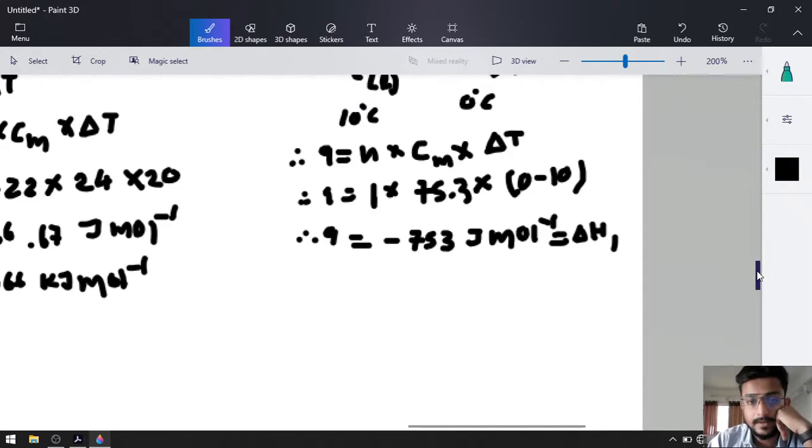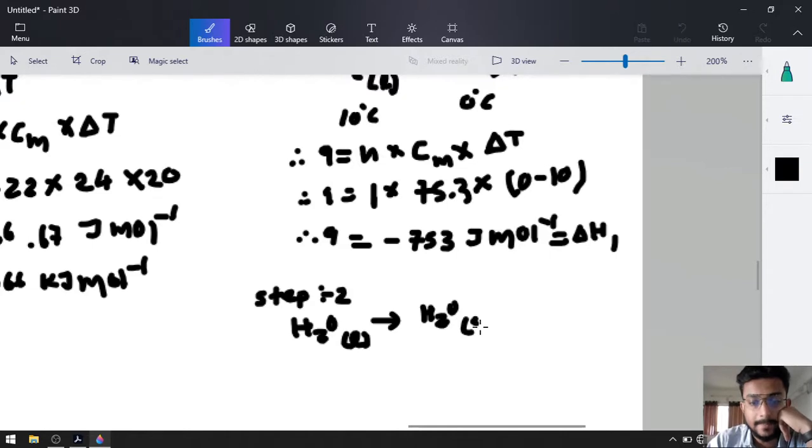Okay, after that our step number 2. H2O liquid converted to H2O solid.